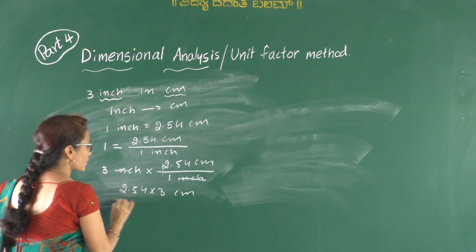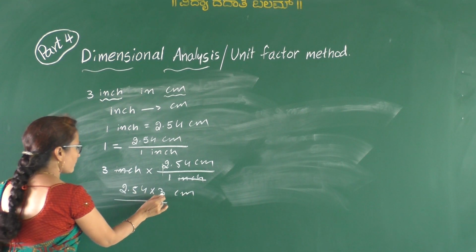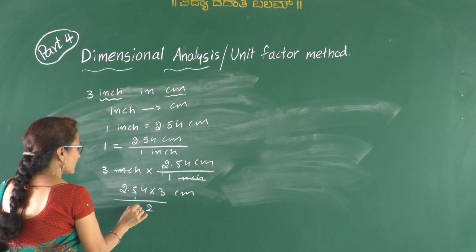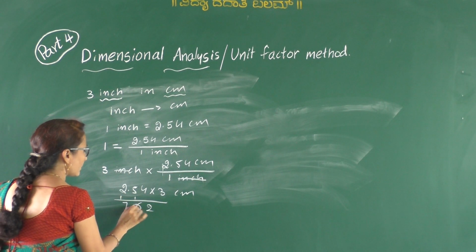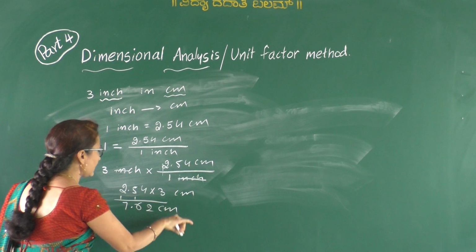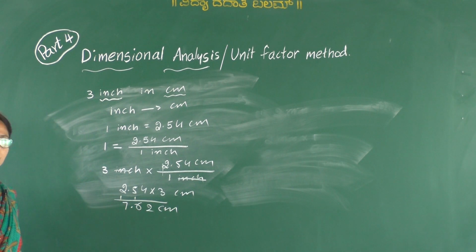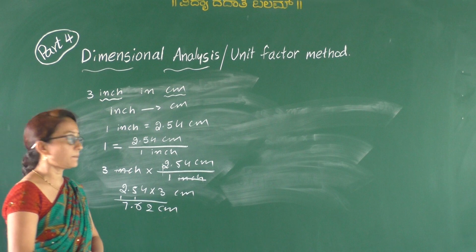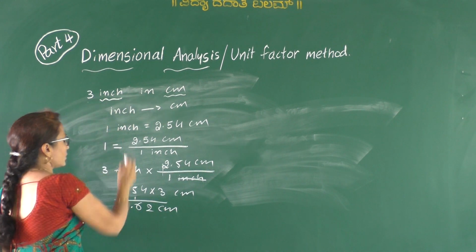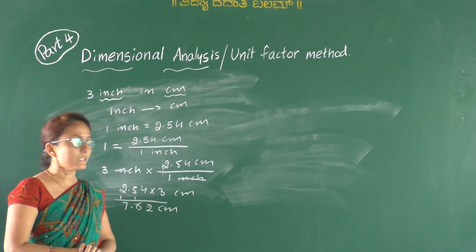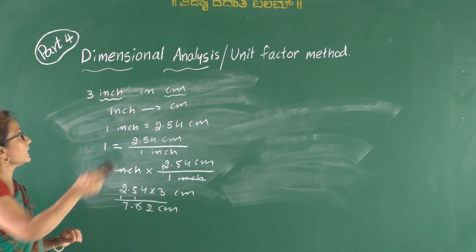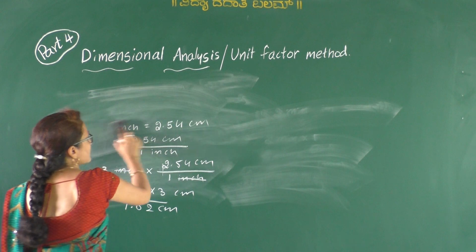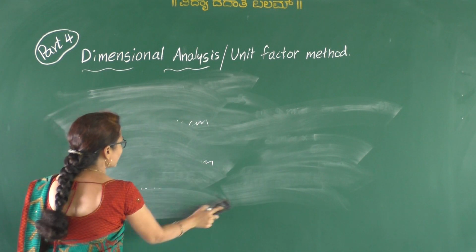On multiplication, 3 4s are 12, and so on, we get 7.62 centimeter. Therefore 3 inch is equal to 7.62 centimeter. This is what is called dimensional analysis or the unit factor method.